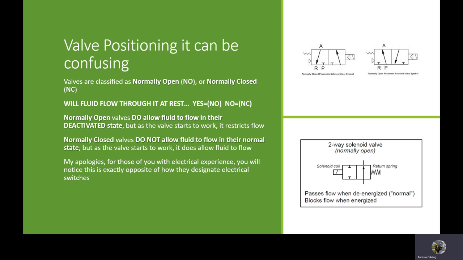If it doesn't, it's normally closed. Normally open valves do allow fluid to flow in their deactivated state, but as the valve works, it will then shift or cut off the flow. Normally closed valves do not allow fluid to flow in their normal state, but as the valve starts to work, it does allow the fluid to flow.